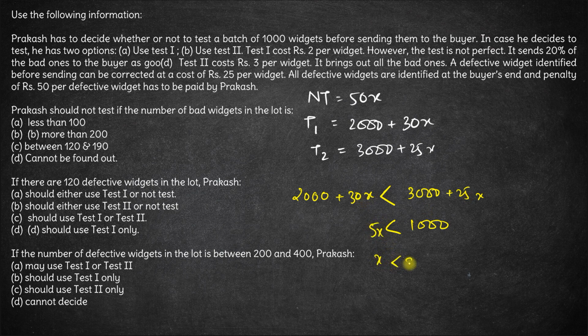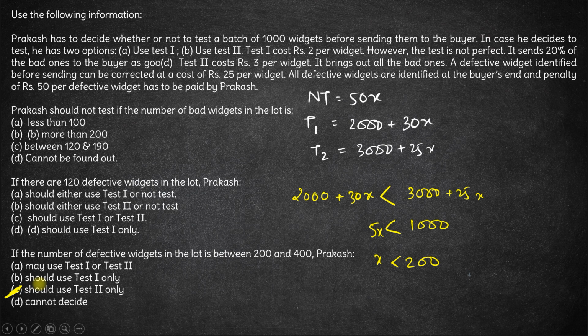So x comes out to be less than 200. Now to prefer test 1, the number of defective widgets should be less than 200. So if the number of defective widgets are more than 200, then he should definitely prefer test 2. So option C would be the right answer here, that he should be using test 2 only.